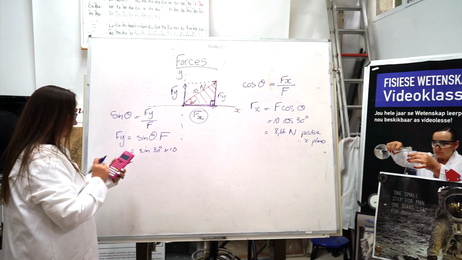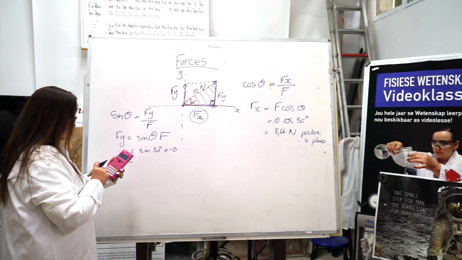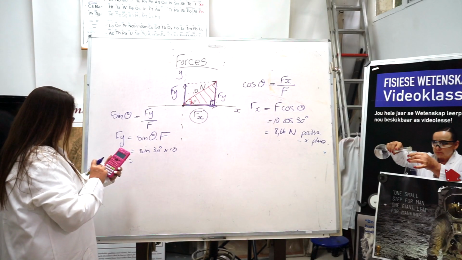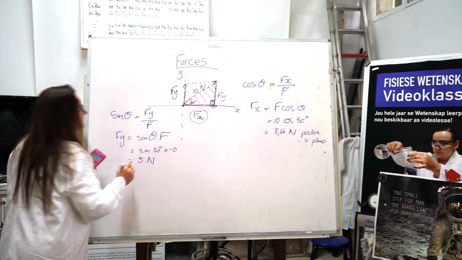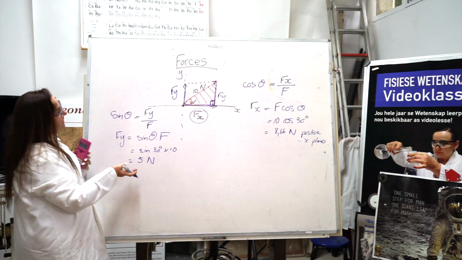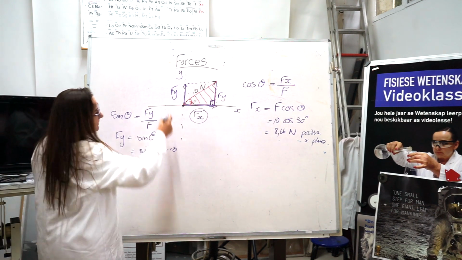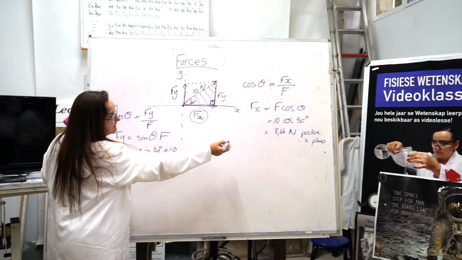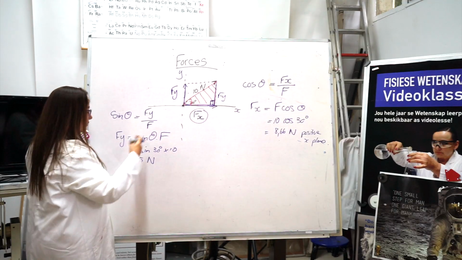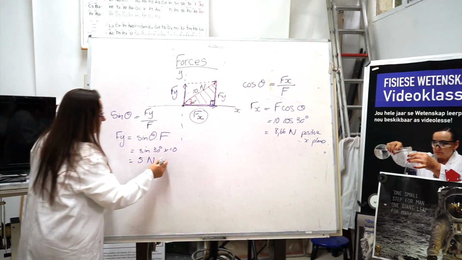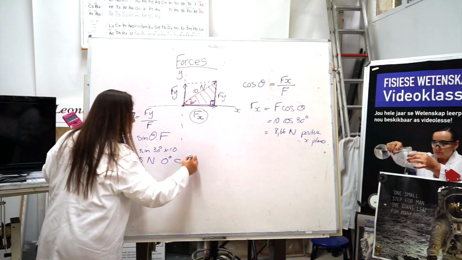Let's type it in: sin 30 degrees times 10 gives me 5 Newton. Now what would be my direction? It would be 90 degrees from the positive x-plane, or I could just say 5 Newton upwards.